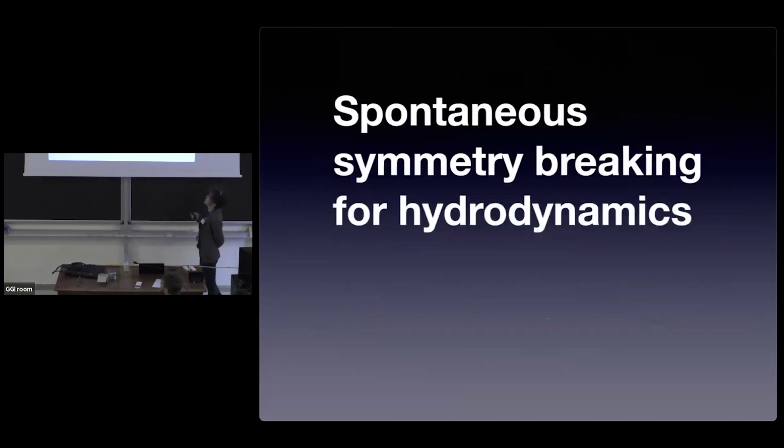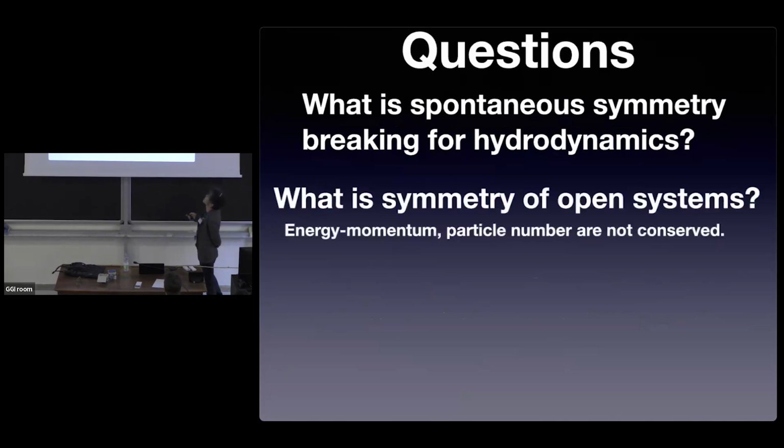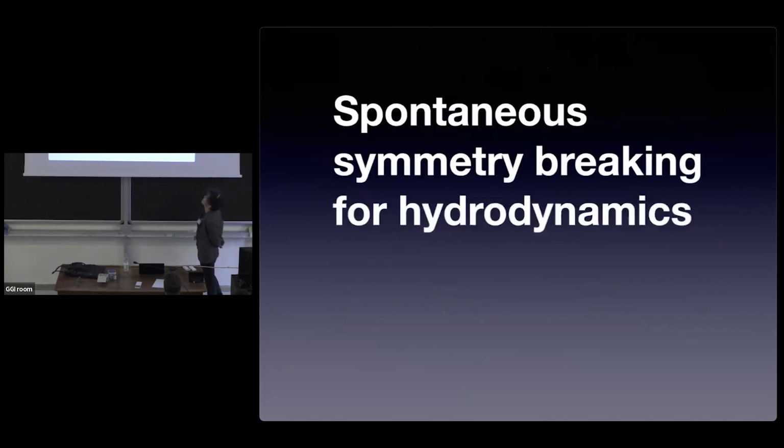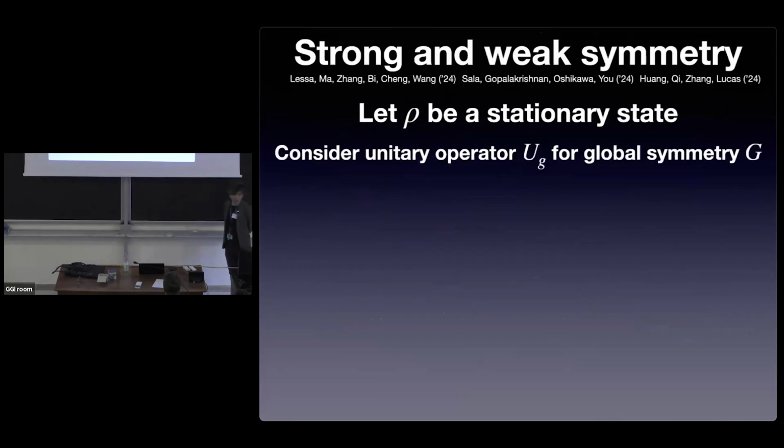So let me start with spontaneous hydrodynamics. Let me introduce two types of symmetry, nowadays called strong and weak symmetry. Let me start with the density matrix. We are interested in many-body dynamics, so it is better to consider the density operator as a state.